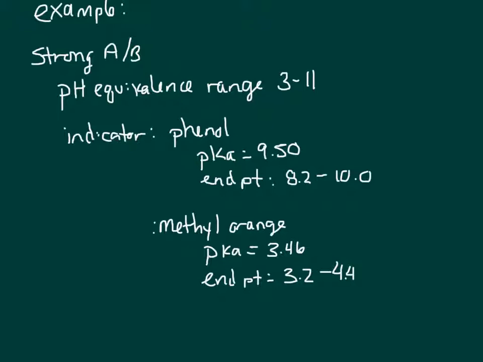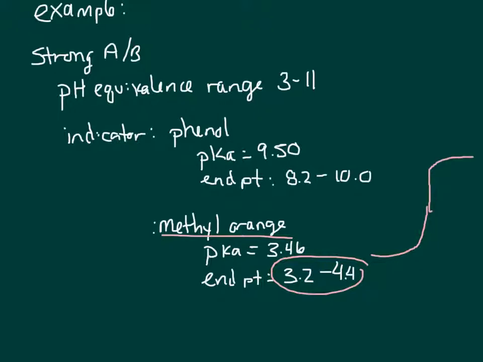And you can also use methyl orange, which has a pKa value of 3.46 and an endpoint between 3.2 and 4.4. So what happens is you are going to use methyl orange to identify the fact that an acid is present. When that methyl orange changes color between 3.2 and 4.4, you are now starting into that point of inflection. That point of inflection is going to continue.